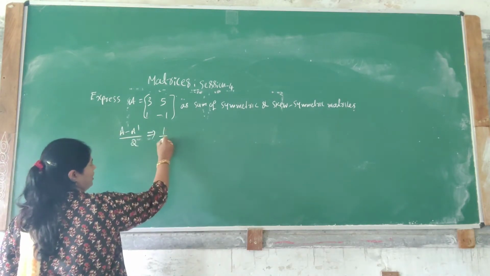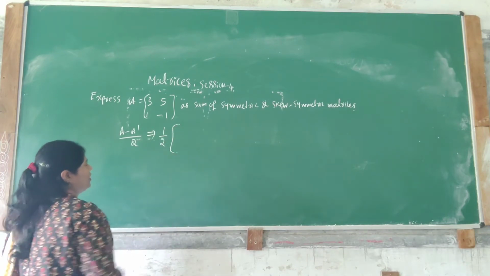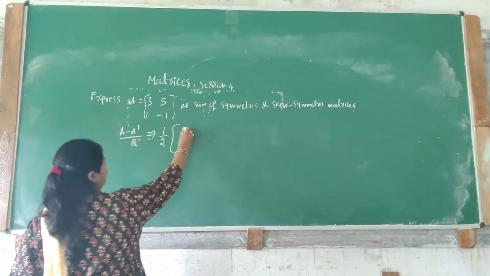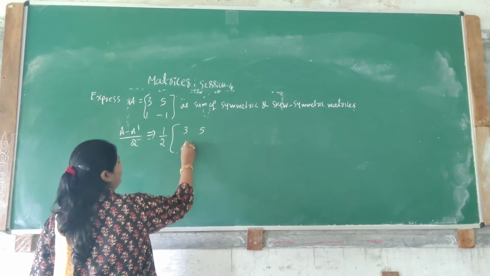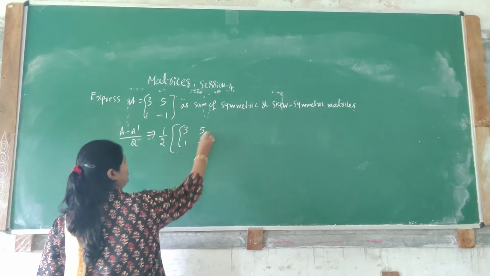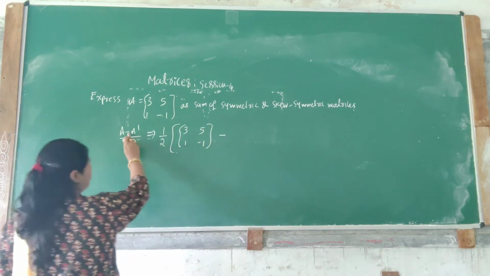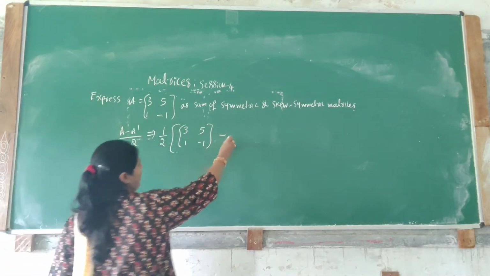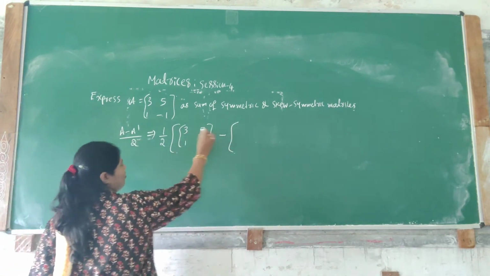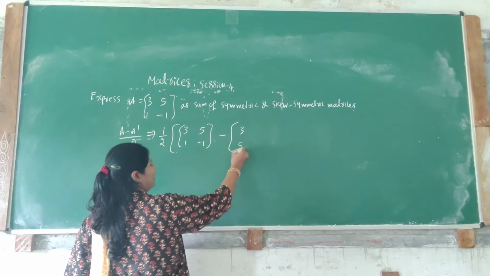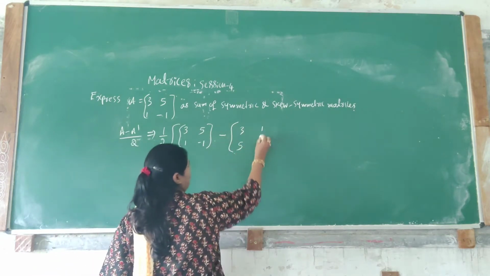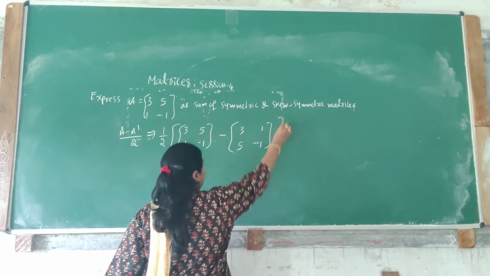So 1 by 2 we can take like this. What is A? A is 3, 5, 1, minus 1. Minus, because here it is minus. What is A dash? A dash is 3, 5, column-wise, 1 minus 1.